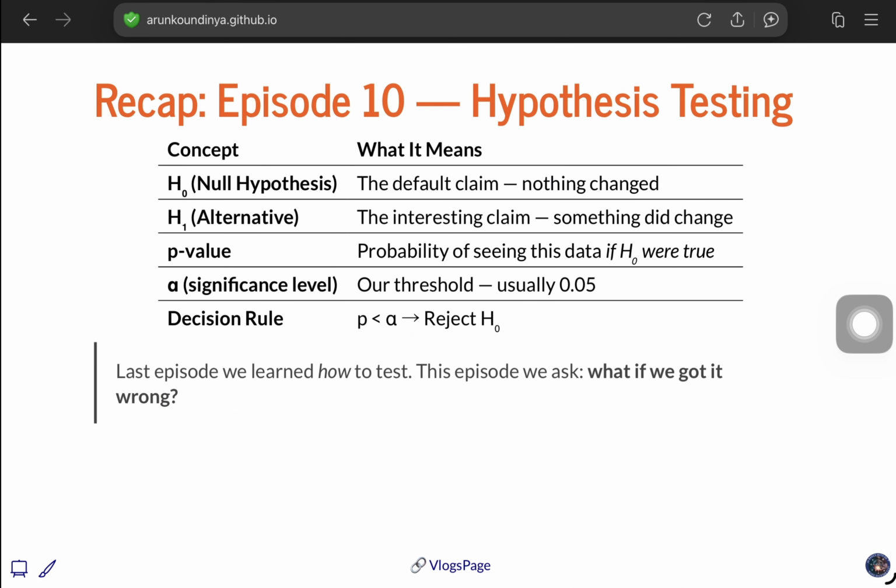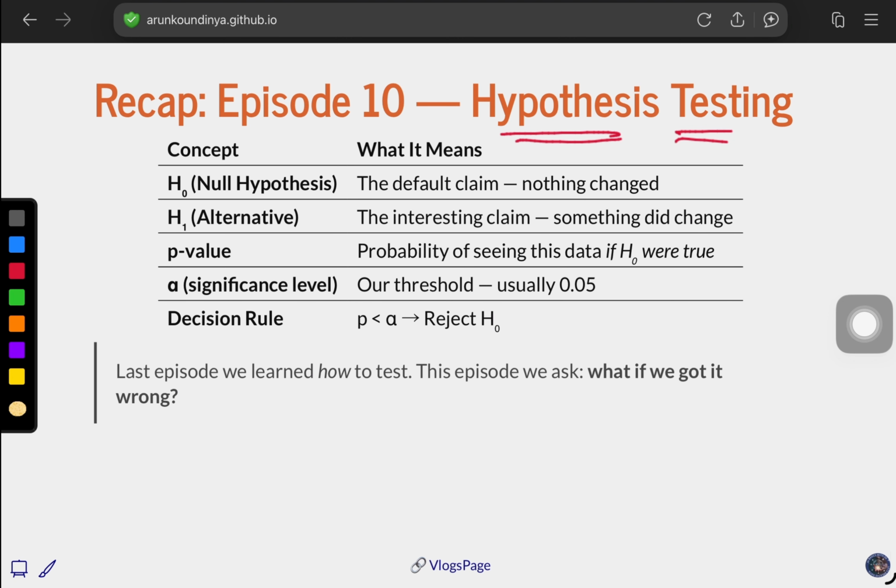So let's recap what we discussed in episode 10, where we introduced a topic called hypothesis testing. Whenever we want to test our hypothesis, we assume a null hypothesis, which is the default, the status quo, and an alternative hypothesis, which is the claim we are going to test.